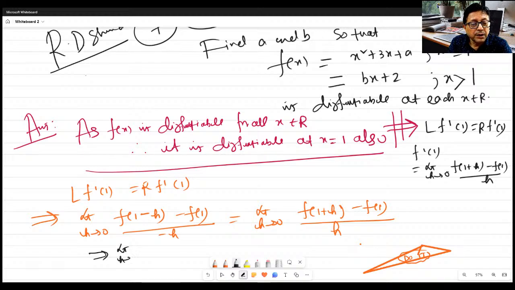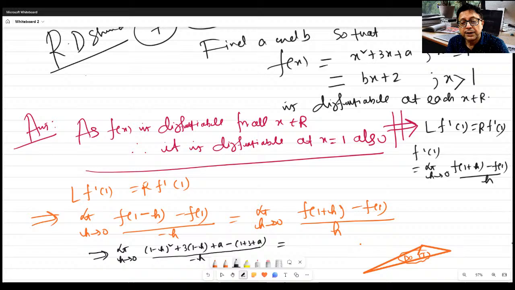So this is what? f(1-h) is this part: (1-h) whole square plus 3(1-h) plus a. f(1) we will take that part only, divided by minus h.